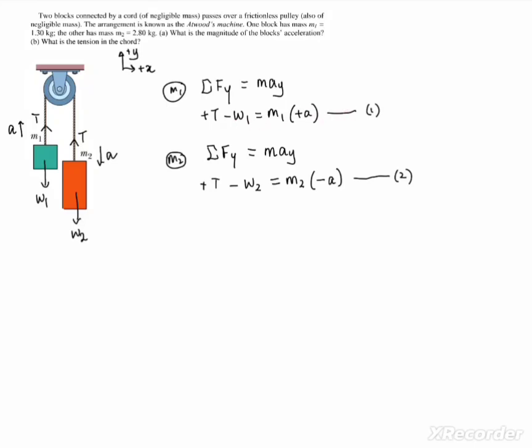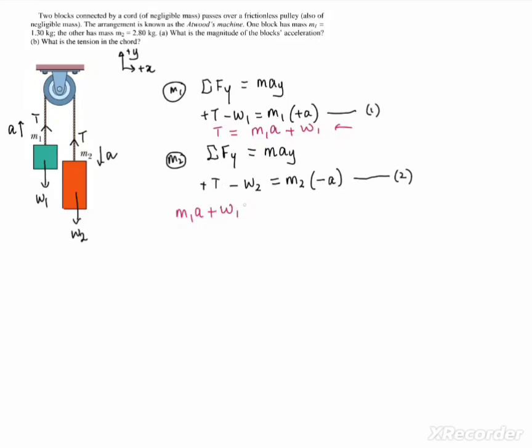From the first one, you can isolate T as M1A, and then we can take the negative W1 to the right hand side, so that becomes positive. For the second equation, instead of T, we can write what we just solved for T. So T here is M1A plus W1.